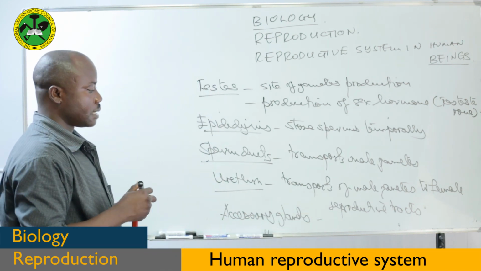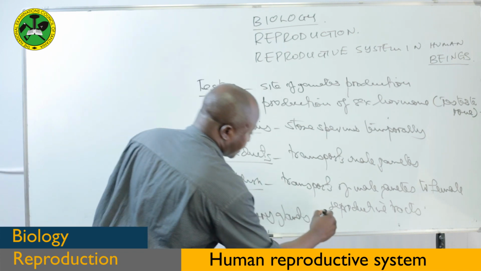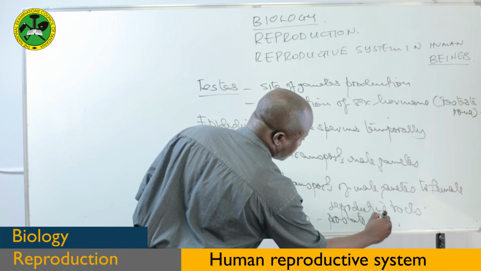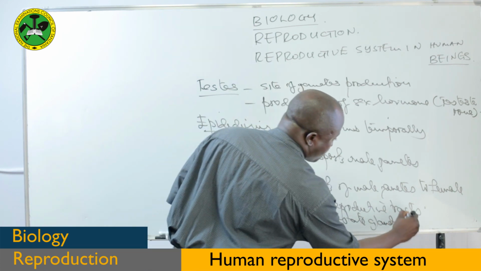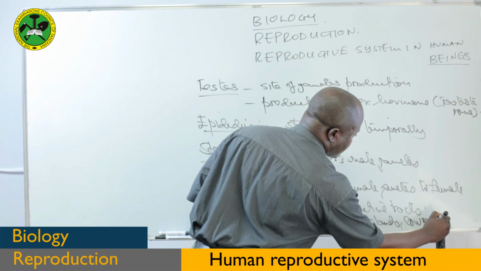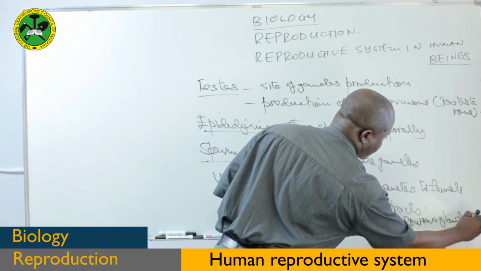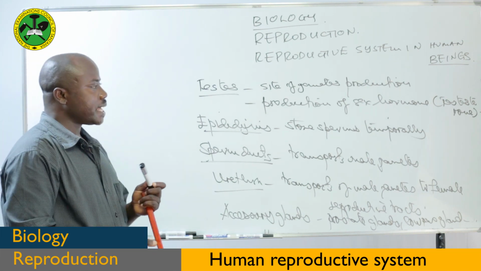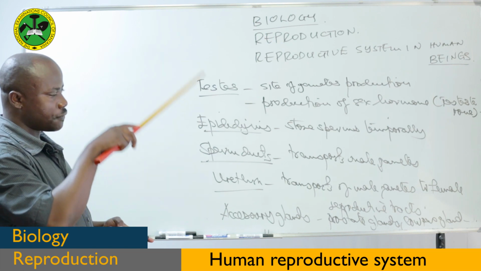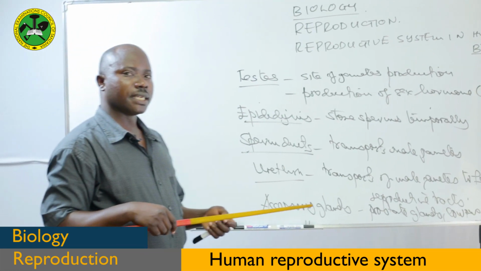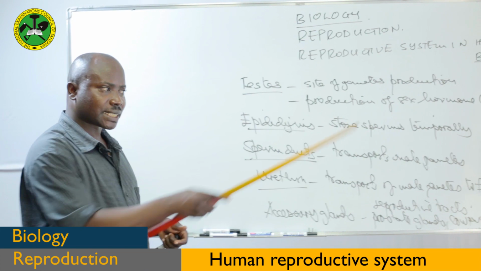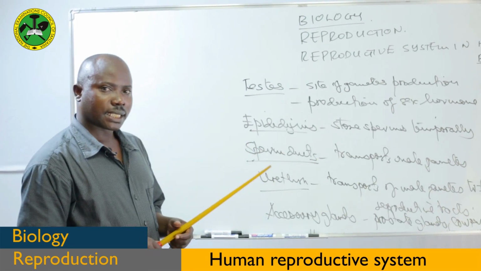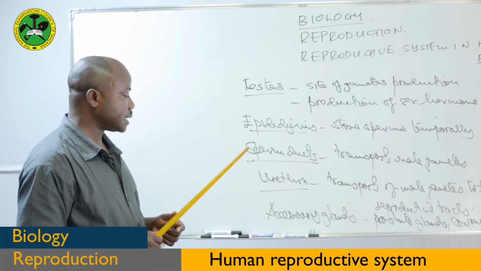Accessory glands are three: the prostate gland, Cowper's gland, and the seminal vesicle. By having explained each part that constitutes the reproductive system, you will have answered this question. Therefore, students, let me take you to the next question.